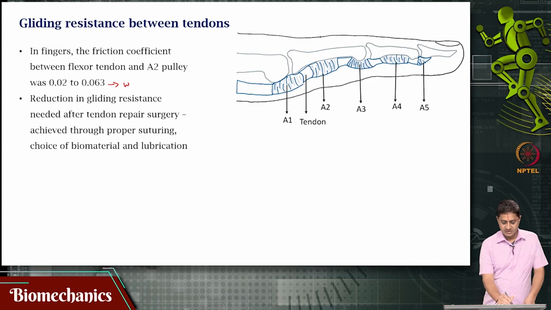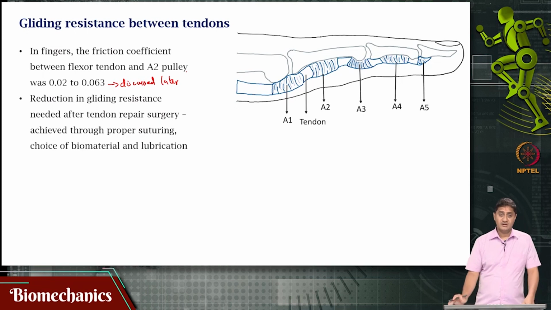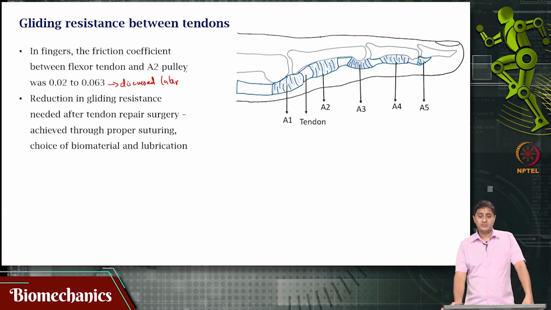We will discuss this experimental approach and the corresponding paper a little later. There is a need to reduce gliding resistance after surgery that is performed for tendon repair.